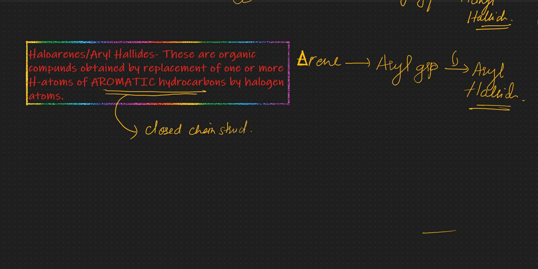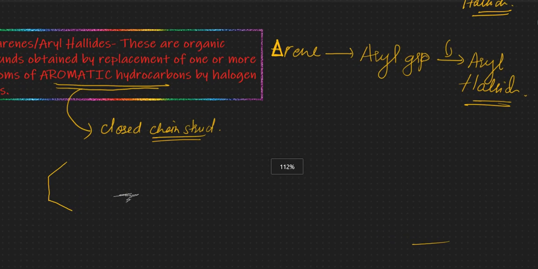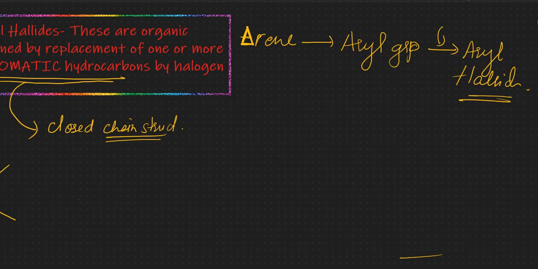Benzene is the best example. Your benzene ring is an aromatic hydrocarbon. So this is your benzene ring, and this is a halogen atom attached to this benzene ring. This is what you call a haloarene. The basic concept here is that we remove a hydrogen atom and replace it with a halogen atom.